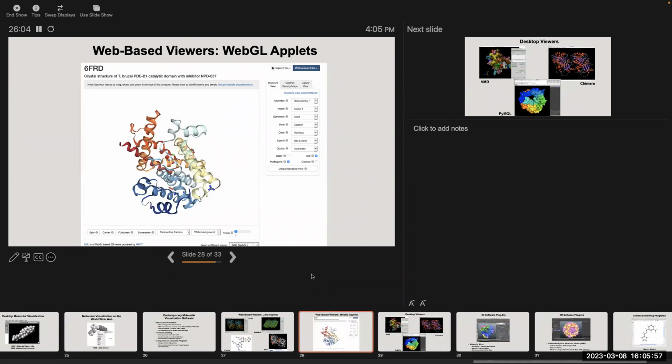It's based on WebGL, which is a graphics library, basically graphics rendering tools that are built right into your operating system or into your web browser. This, I believe, is the one that's currently available from the Protein Data Bank, so you can view a model right in the Protein Data Bank. It looks static here, but you can move that thing around. You can rotate it. You can change to different kinds of representation. Right now it's a ribbon model, but you could change it to a CPK model or a surface model or whatever you want.